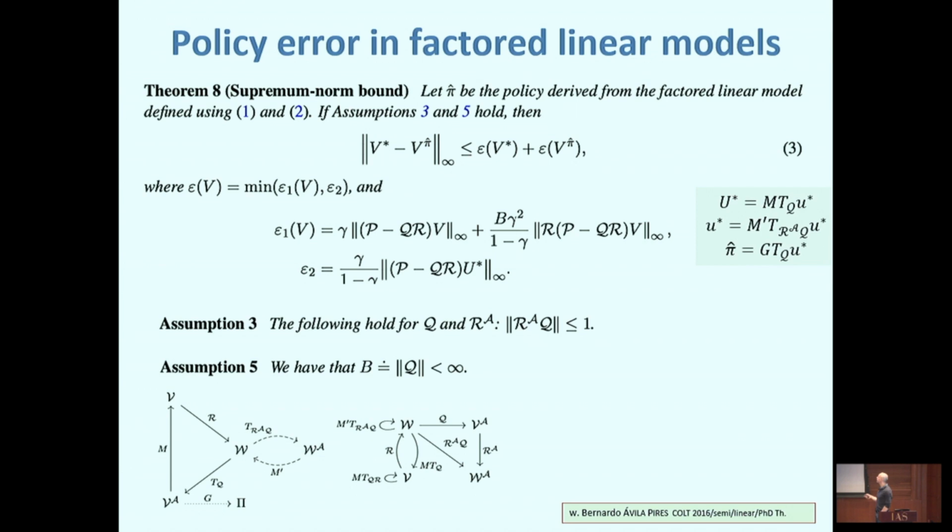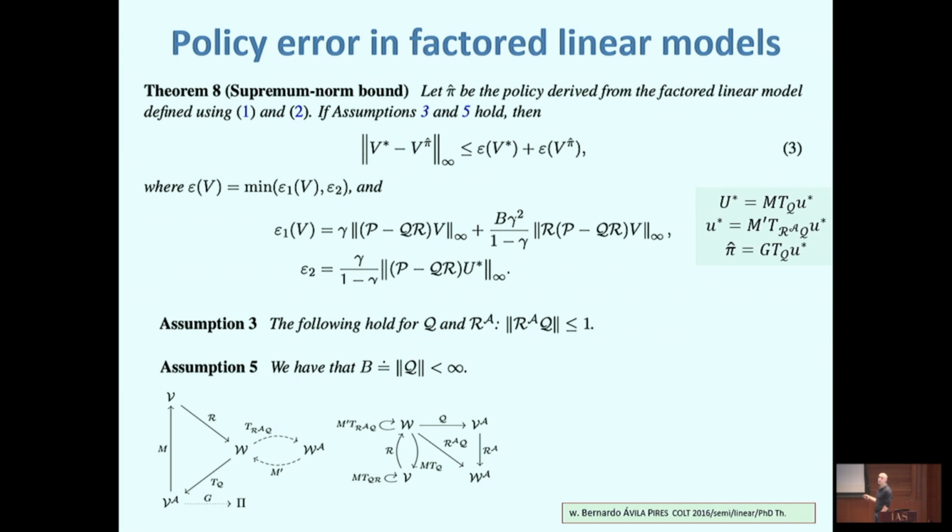But in the other quantity, you can plug in the optimal value functions. Your model has to be accurate only at the optimal value function, and also the value function of the policy that you read out. So this has two quantities. So what's really notable about this is that the 1 over 1 minus gamma factor doesn't apply to this. So this is a high dimensional quantity whose norm you want to keep small.